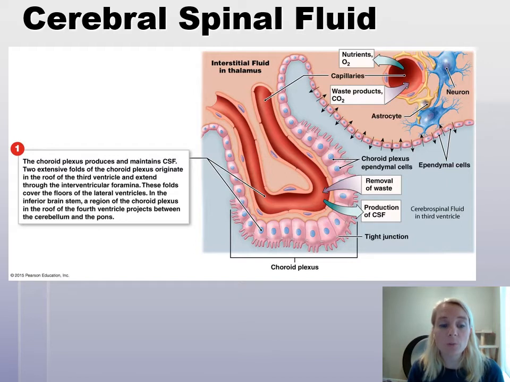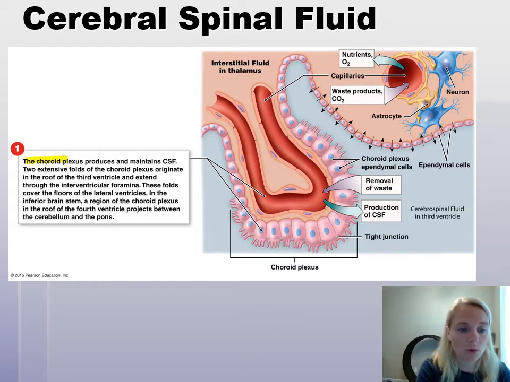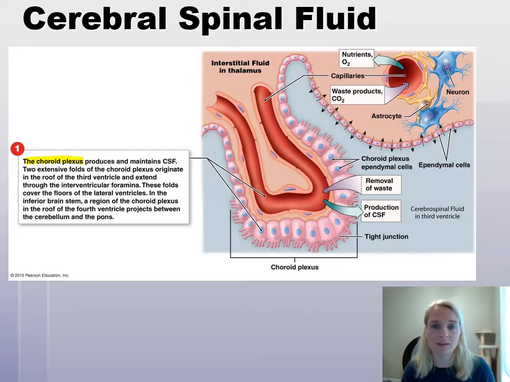So there are a few places in your brain where your CSF is produced, and these are called choroid plexus, and I'm going to identify that on the bigger picture on the next slide. But this is showing you a super zoomed in region of the choroid plexus. Choroid plexuses are collections of capillaries, a whole bunch of blood capillaries, covered by ependymal cells.